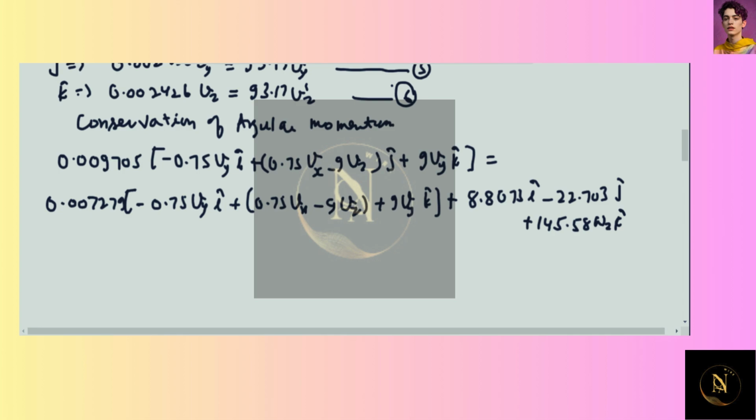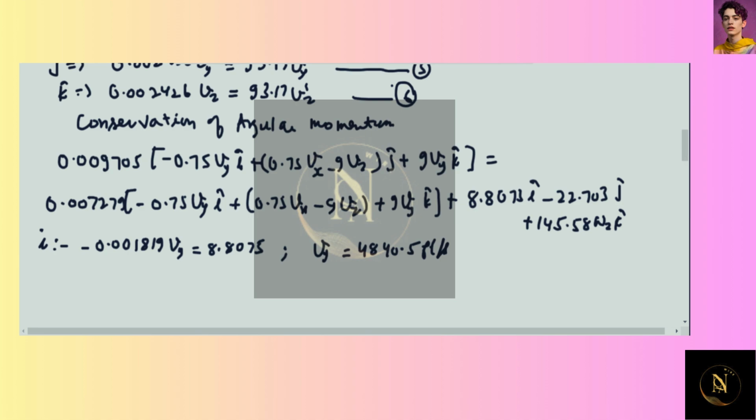Again, equating the coefficients of i cap, j cap, k cap. The i cap coefficient gives minus 0.001819 Vy is equal to 8.8075, so from here the value of Vy you get is 4840.5 feet per second.